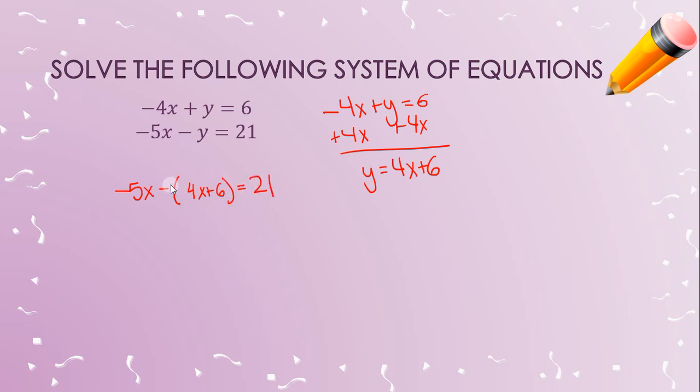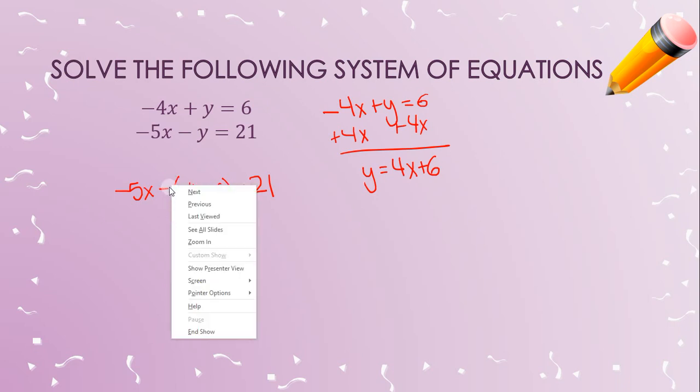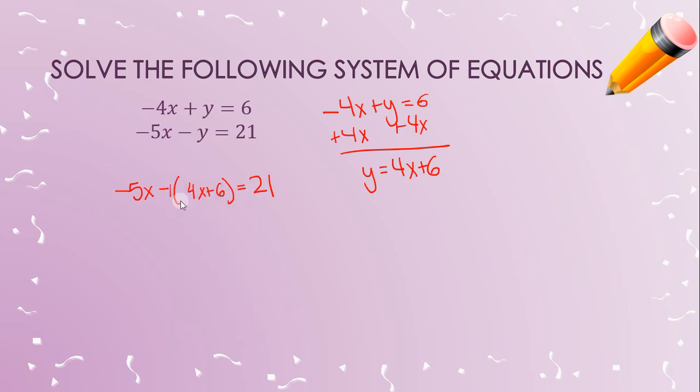Now, if it helps you, that's technically a negative 1 in the front of there. That way you can distribute negative 1. So negative 5x, negative 1 times a negative 4x, that's a negative 4x. Negative 1 times 6, that's a negative 6, equal to 21. Negative 5x minus 4x, that is negative 9x.